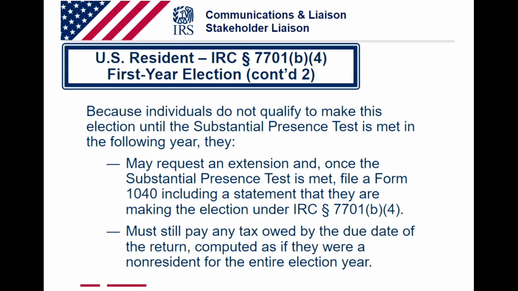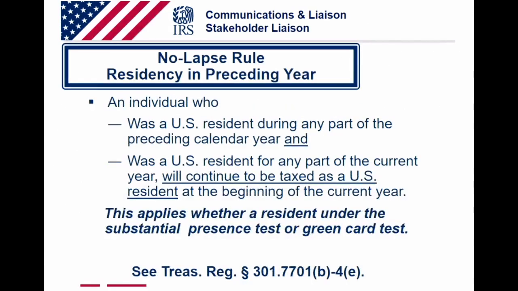For this reason, they would need to file an extension and then submit the return later in the year, once the substantial presence test is met, including a statement that they're making an election under Section 7701(b)(4). They must still pay tax computed as a non-resident by the original due date of the return. Next, Kathy will explain what is known as the no lapse rule.